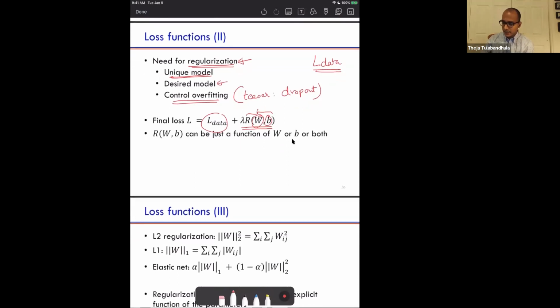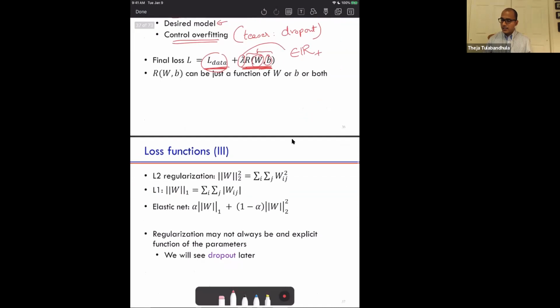And lambda is some positive number that just controls how much you prefer a non-data based preference, which is the second term, versus how much that W and B choice scores with respect to the data. So that's the final loss.